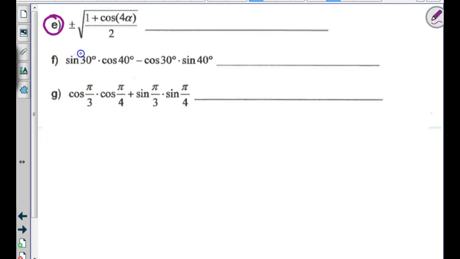What's E? Anybody find that one? Plus or minus the square root of 1 plus cosine over 2. But what is the theta here? 4 alpha. So what will that simplify to? 4 alphas divided by 2 would be 2 alpha.